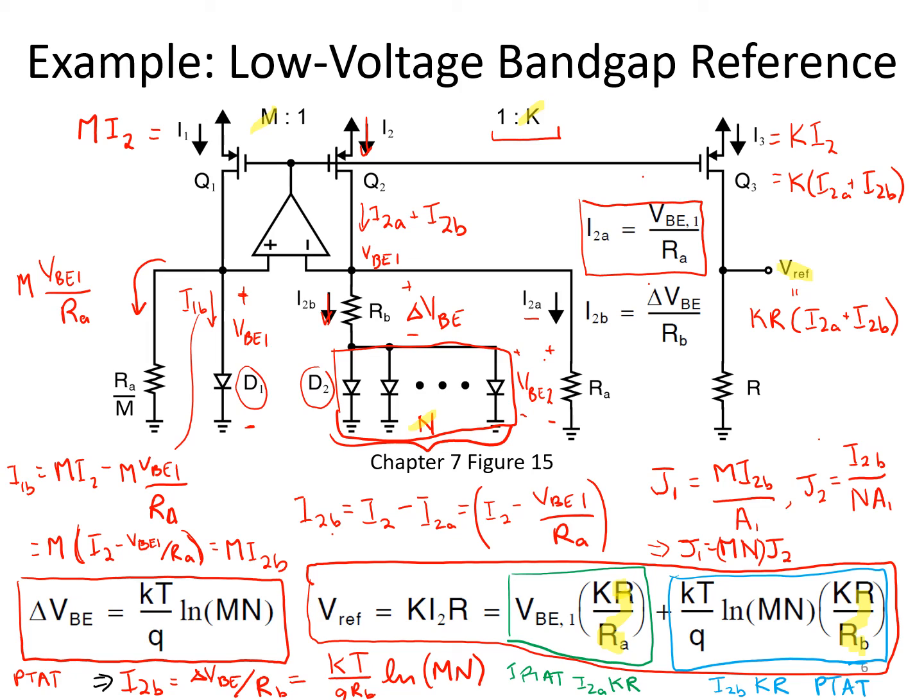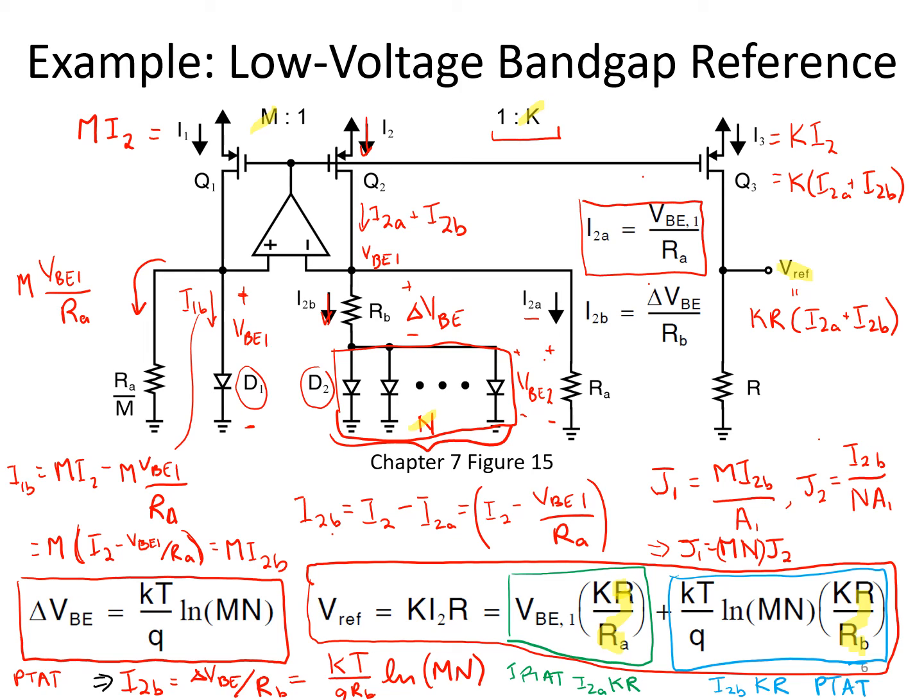We can make a relatively small bandgap reference voltage of a few hundred millivolts, or we can make a larger one as long as we keep the transistor Q3 in active mode. And that's important because if transistors Q1, Q2, and Q3 are not in active mode, then they're not behaving as a very good current mirror, and we rely on their current matching for proper operation of the circuit.